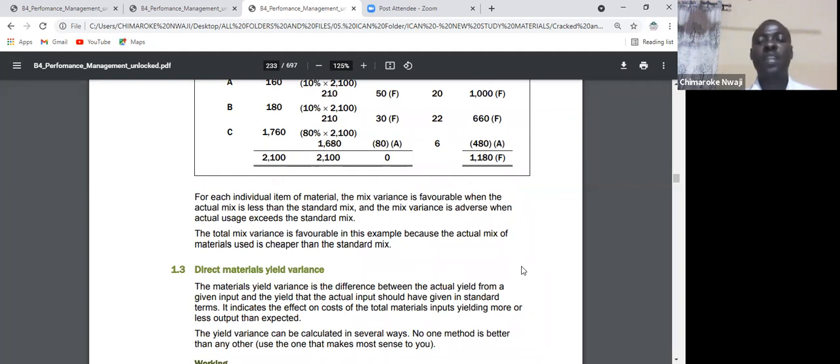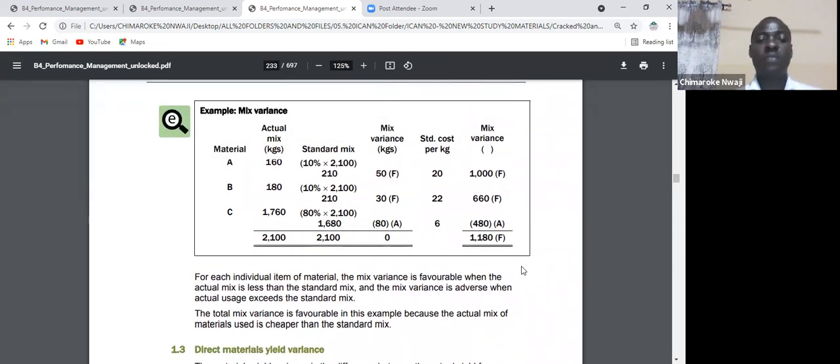And the mix variance is adverse when the actual usage exceeds the standard mix. And the total mix variance is favorable in this example because the actual mix of material used is cheaper than the standard mix. But that's how to calculate your mix variance.